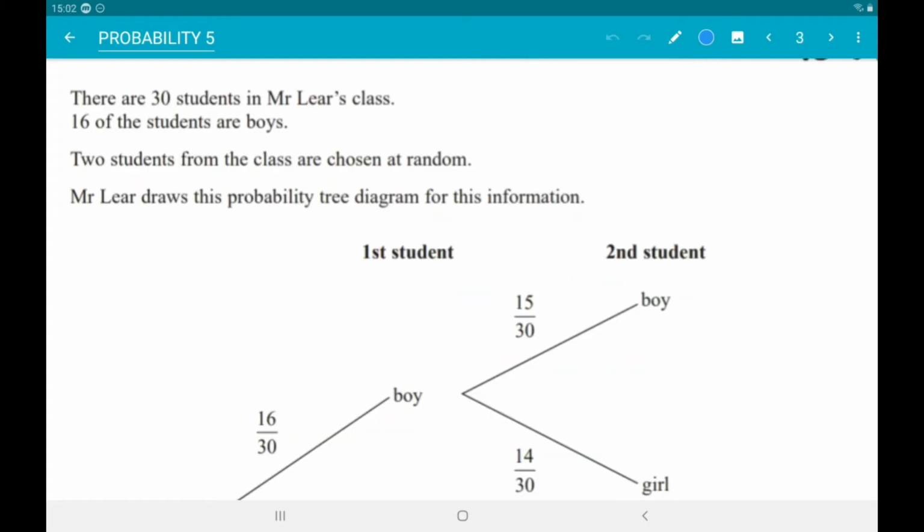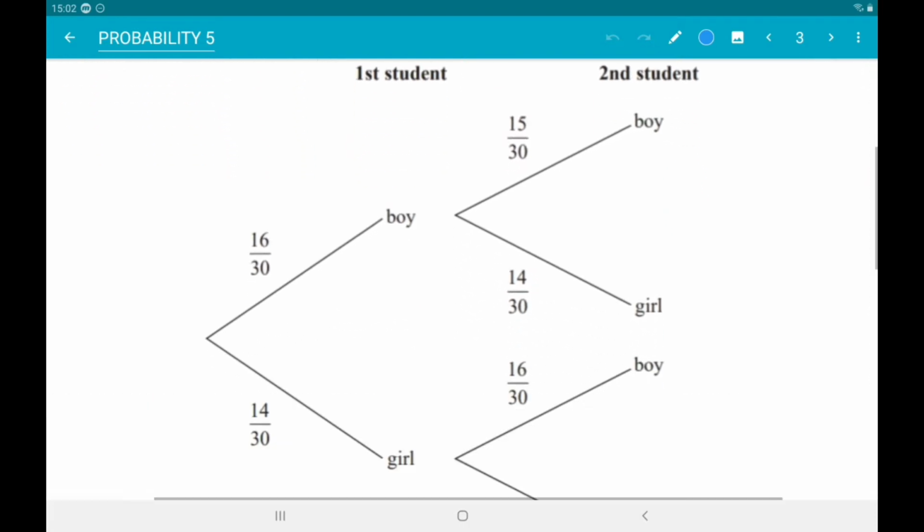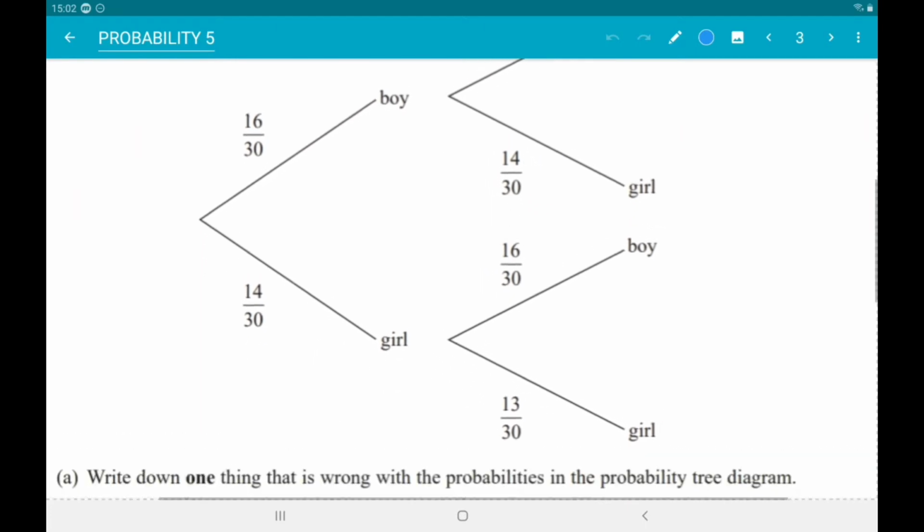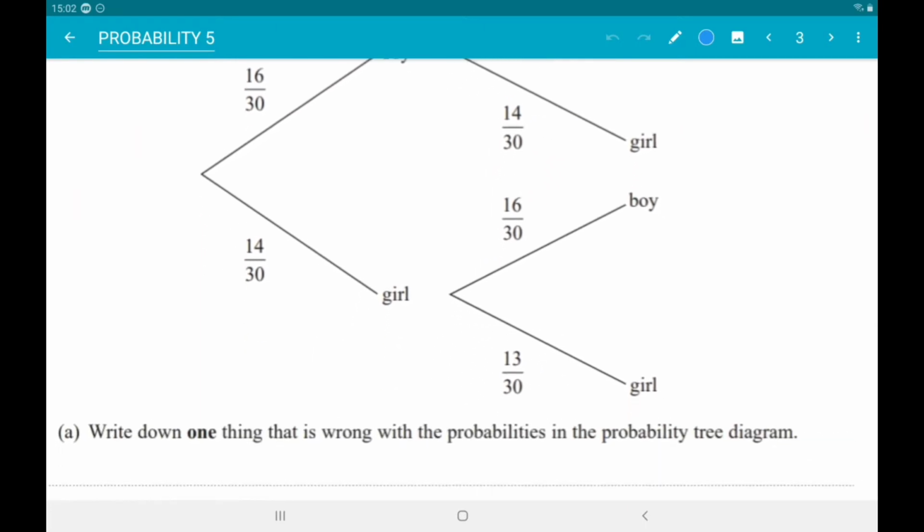Number 2, there are 30 students in Mr. Lear's class. 16 of them are boys. 2 students are chosen at random, and he draws this probability tree diagram. Part A wants us to find one thing wrong with the diagram.